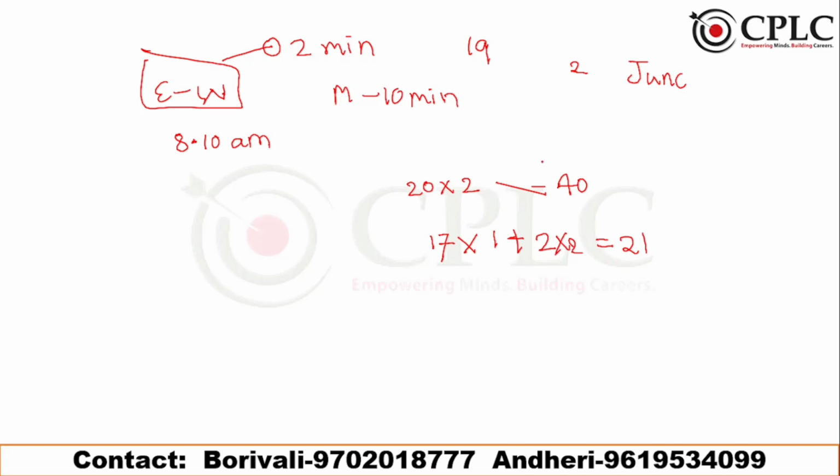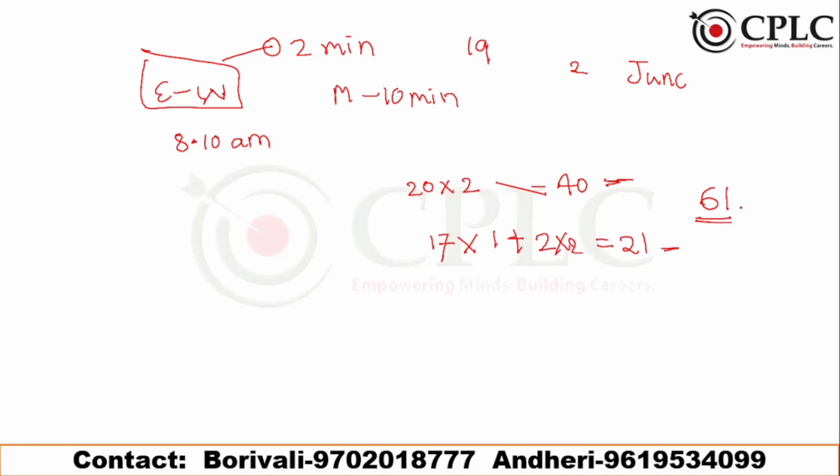So 40 minutes of travel and 21 minutes of stoppage time. So obviously the total time taken is 61 minutes, and 61 minutes from 8:10, if you do the math, you get the answer to be 9:06 a.m.